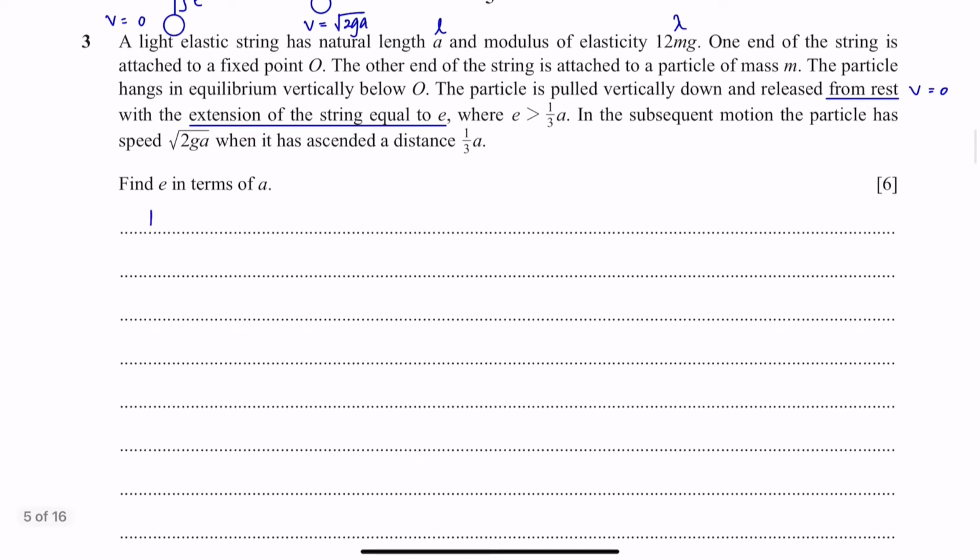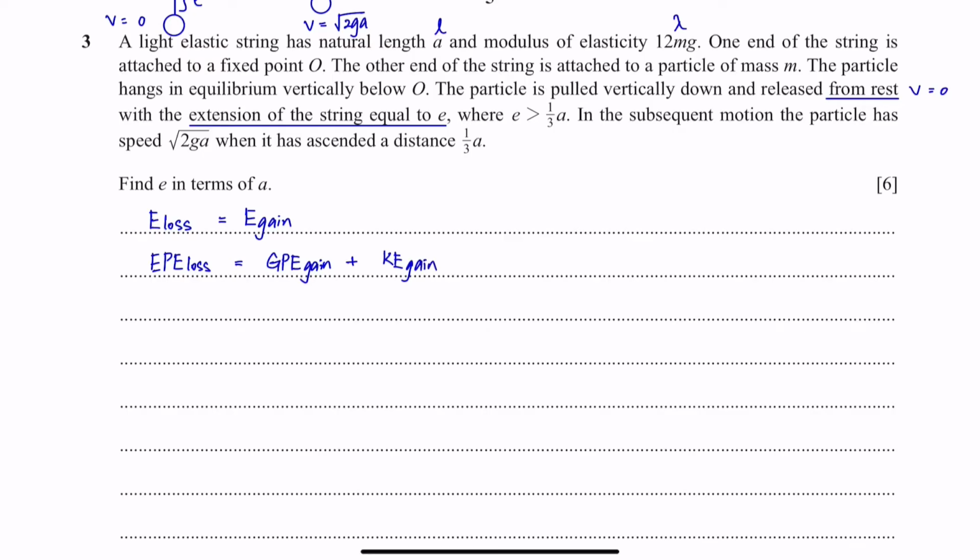So the energy loss would definitely be equal to the energy gain. And in this case, whatever is lost is just the elastic potential energy. And the energy gain would be the gravitational potential energy plus kinetic energy. Alright?